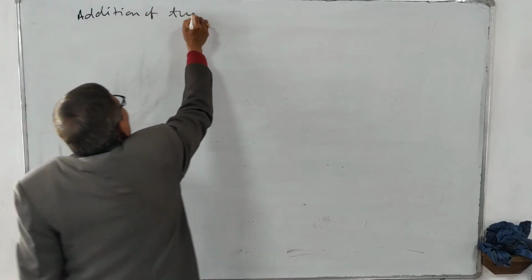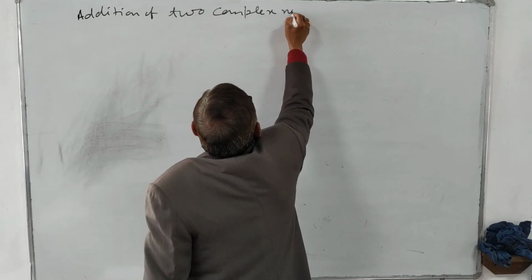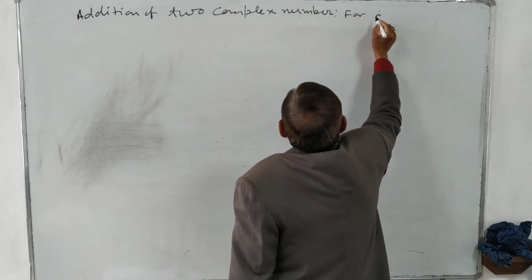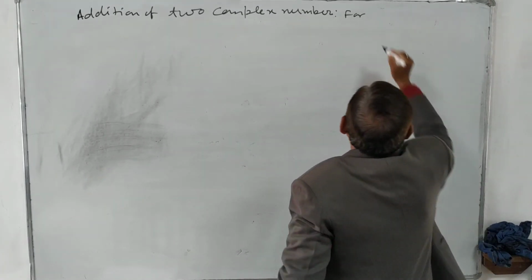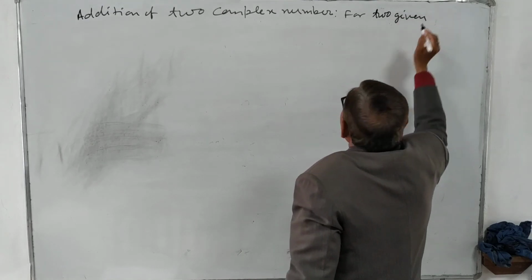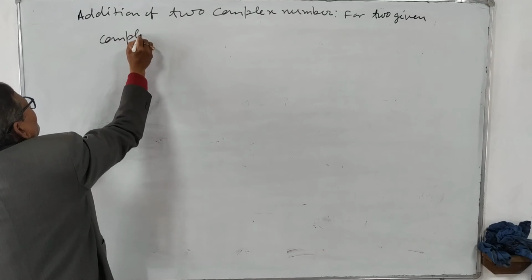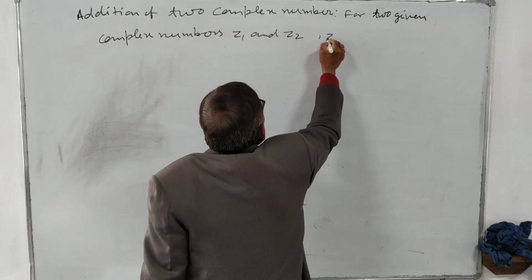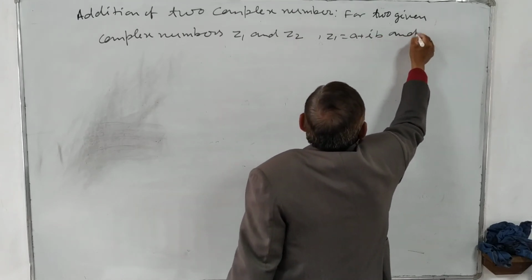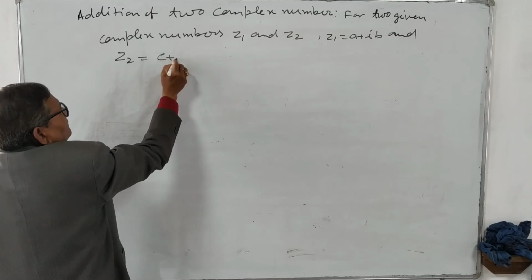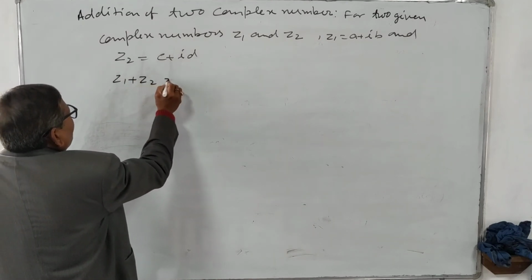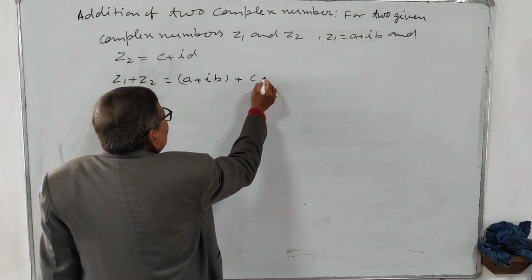For two given complex numbers z1 and z2, z1 equal to a plus ib and z2 equal to c plus id, z1 plus z2 is equal to a plus ib plus c plus id.